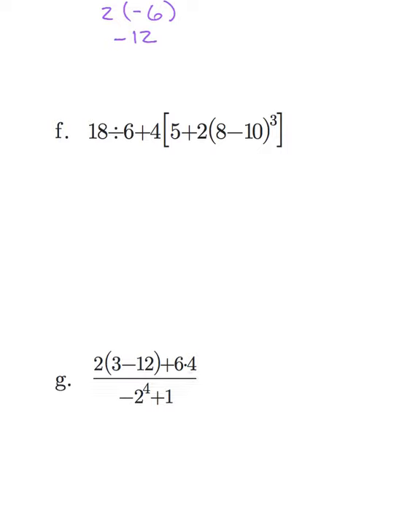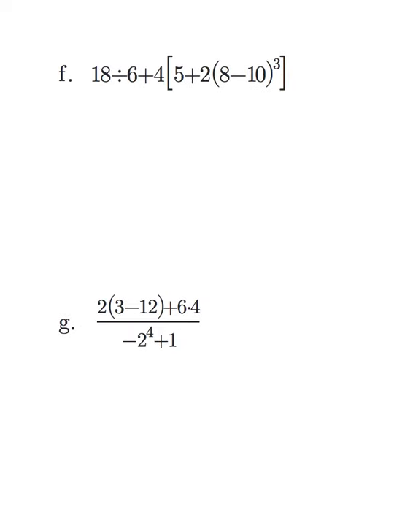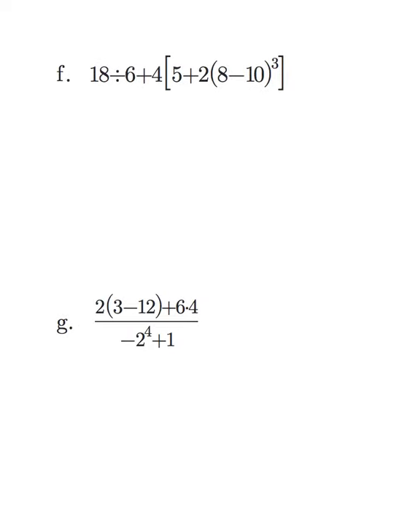So let's go down to problem F. Problem F, again, we want to start by simplifying inside the brackets. And again, in order to simplify inside the brackets, I want to start by simplifying inside the parentheses.